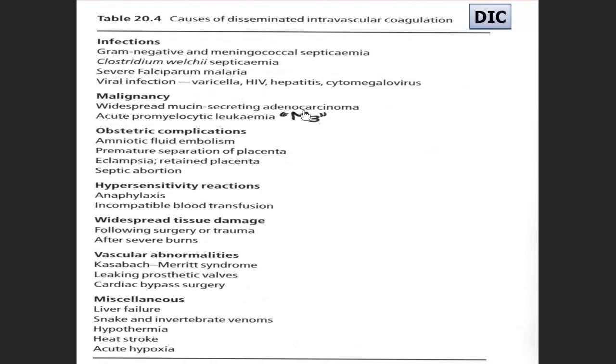DIC occurs also as an obstetric complication. You studied DIC in amniotic fluid embolism, right? You get also DIC in other obstetric complications. And there are other causes, too many causes of DIC.